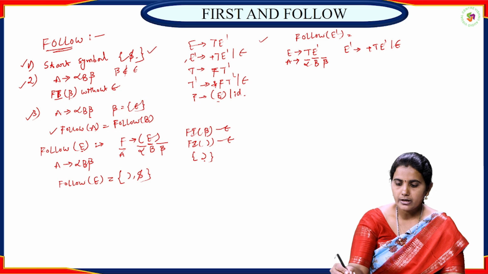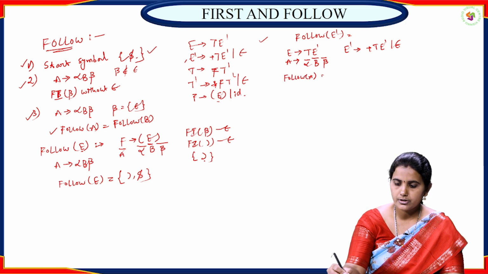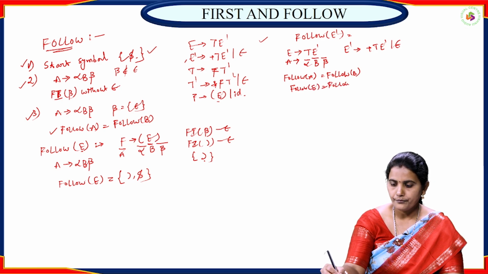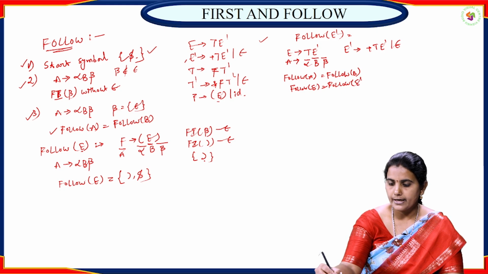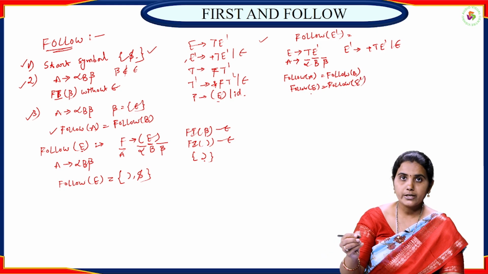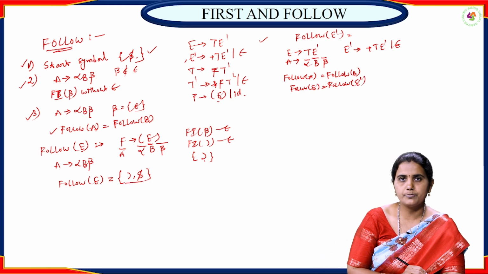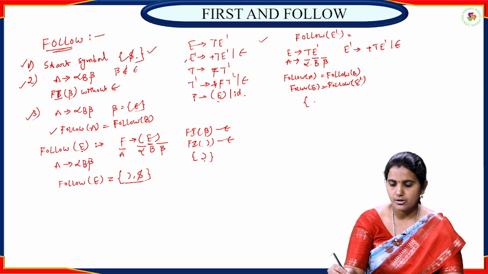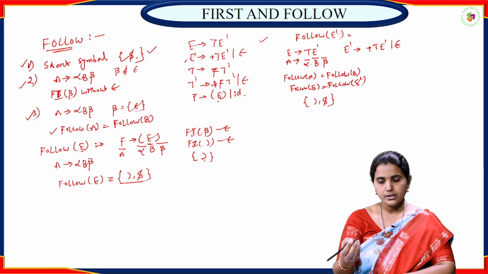Now you go for the third rule, that is follow of A equals follow of B. Here, follow of A equals follow of B, meaning follow of E, what is A here, is E, and B is E dash. Follow of E is already done. Your output is close brace comma dollar. Now go for the next one.